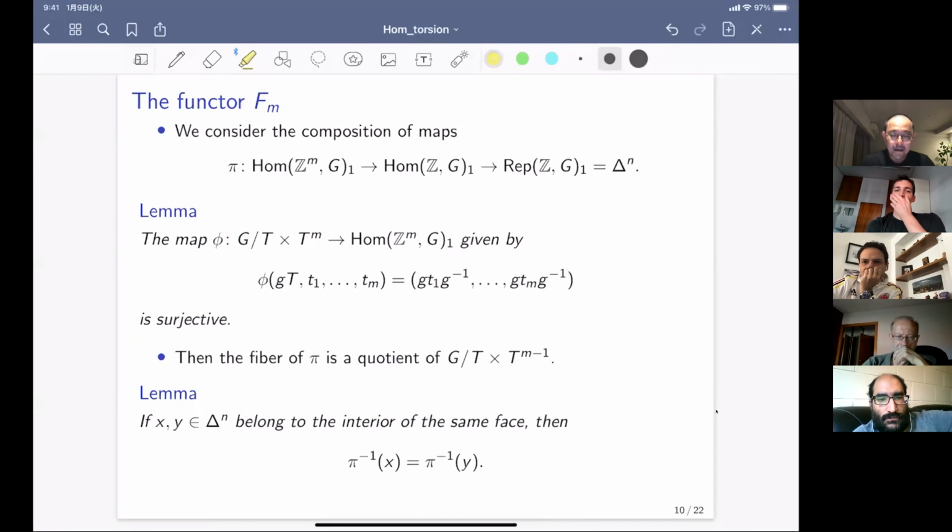And as I said, we need to find a nice fiberwise structure on the space Hom(Z^m, G)_1. And the structure is actually given by this map pi, which is the composition of the projection onto Hom(Z, G)_1, and then the projection onto Rep(Z, G)_1, which is an n-simplex.